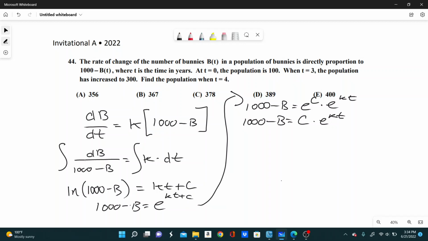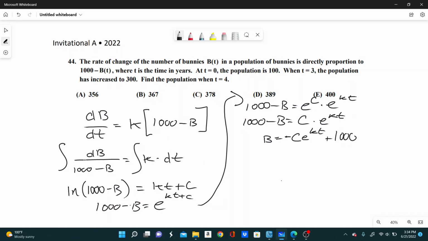And then if I want to solve for B, I get B equals negative c e to the kt plus 1000. I did skip a step, but at that point it's just basic algebra.